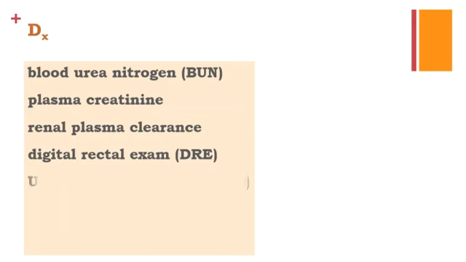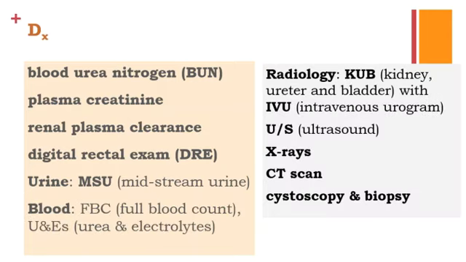In case of UTI, you can order or do an MSU, midstream urine. In urology and nephrology, there are also some blood tests that can be done, such as FBC, full blood count, urea and electrolytes, etc.